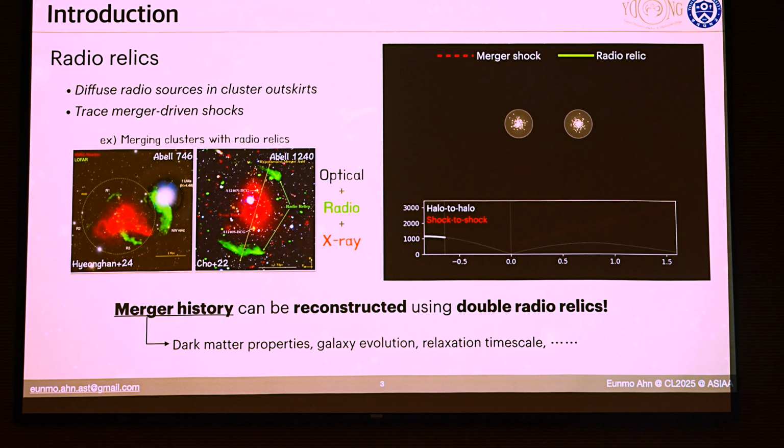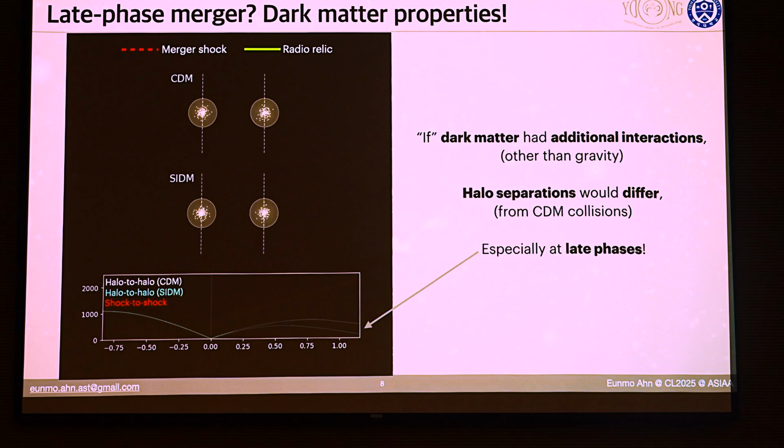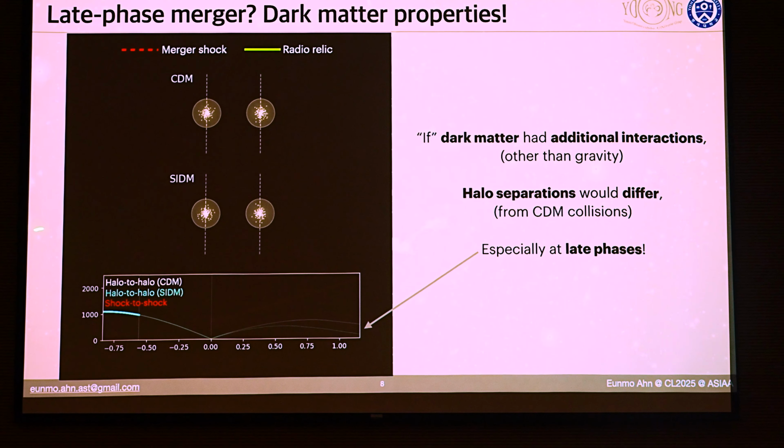Okay, then why do we need to focus on the late phase of the merger? Well, there could be several answers to this question, but I would like to focus on the dark matter properties. If dark matter particles experience other kinds of interactions other than gravity, for example, self-interaction among dark matter particles shown in this middle panel.